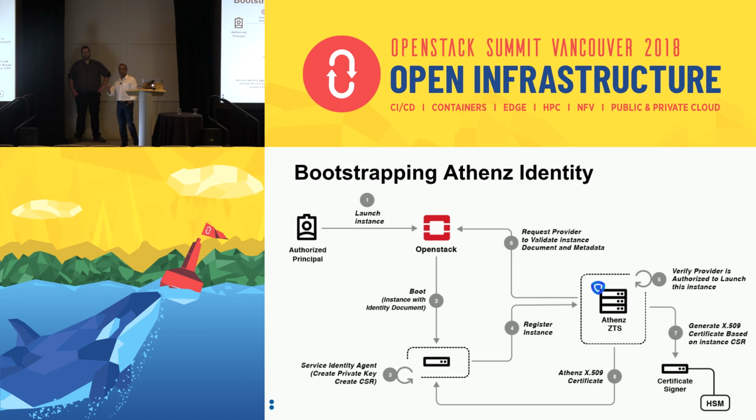Every single instance has its own private key and X509 certificate, so nothing is shared. The private key never leaves that particular instance. So that's how the whole bootstrapping works. Once the service gets an identity, an X509 certificate and private key, it can establish mutual TLS authentication to any other service it's talking to.